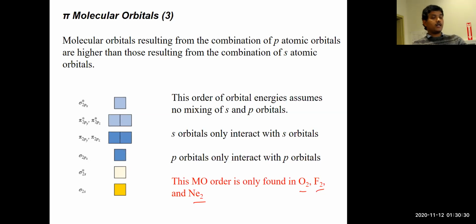These are the molecular orbital diagram orders from bottom to top. This is how electrons get filled in molecules containing O2, F2, and Ne2.